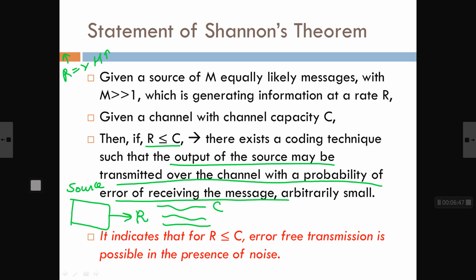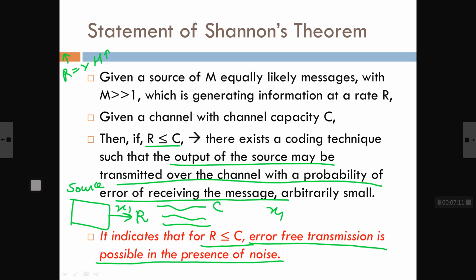So that means that if at all I send a message x1, x1 will be received at the receiver. If at all I send a message x2, x2 will be received. So the probability of receiving a wrong message is very less. So this indicates that for R less than or equal to C, error-free transmission is possible in the presence of noise.